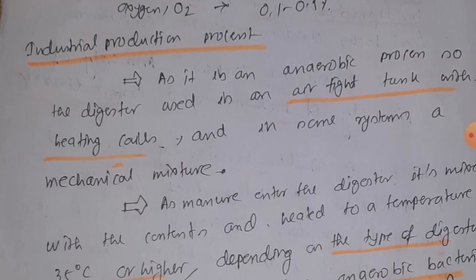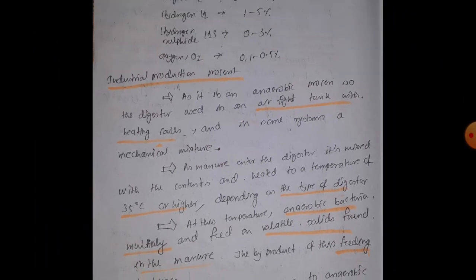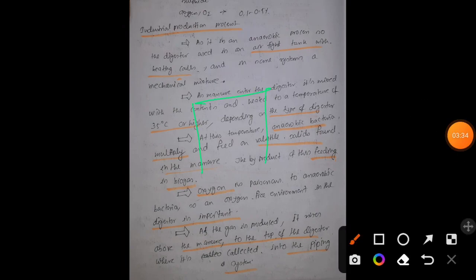Now let's talk about the industrial process. I am going to explain it in a short way, and you can use this to prepare a note for yourself. Here there is an anaerobic digester, an airtight tank, which consists of heat coils.